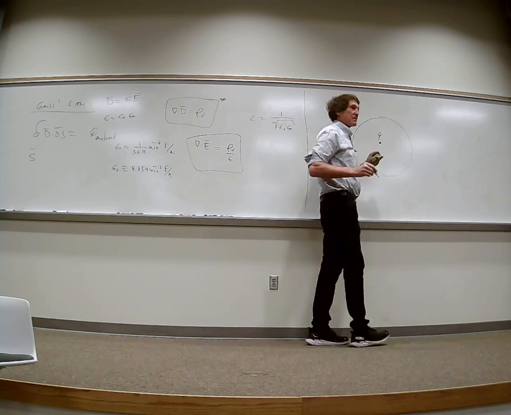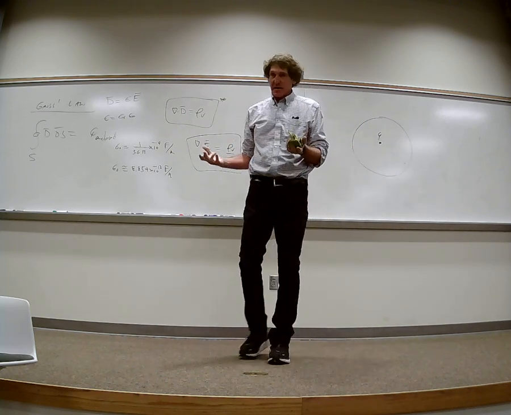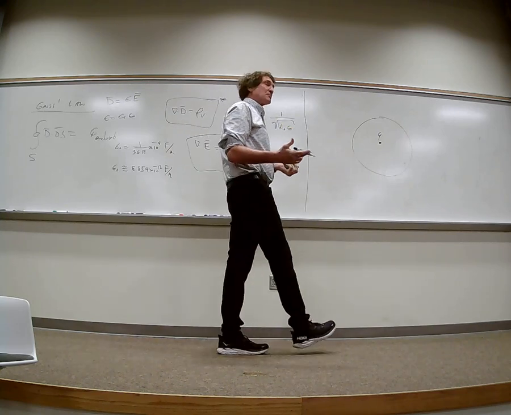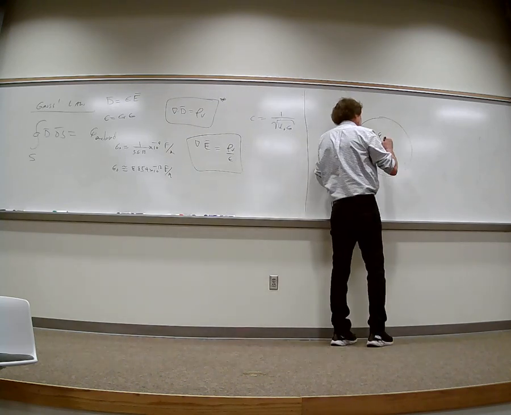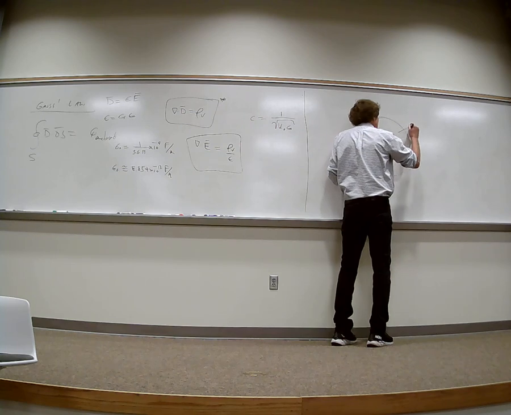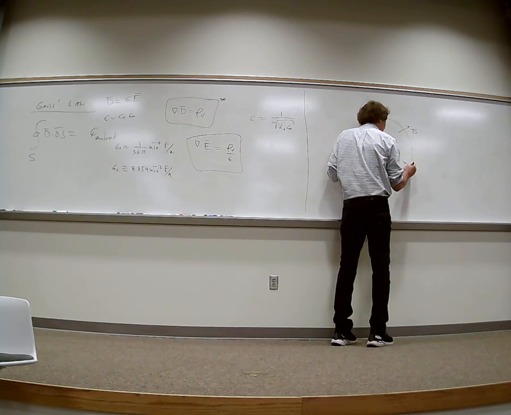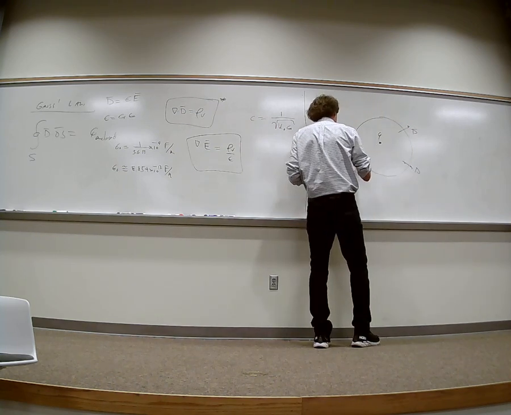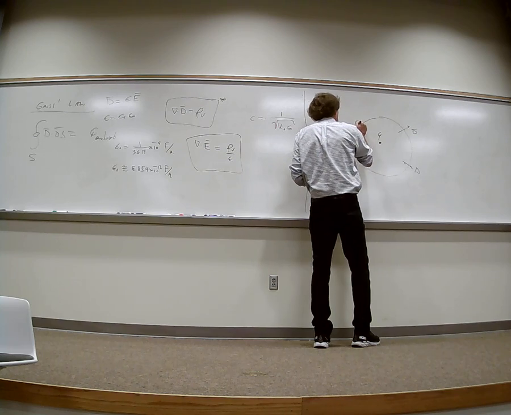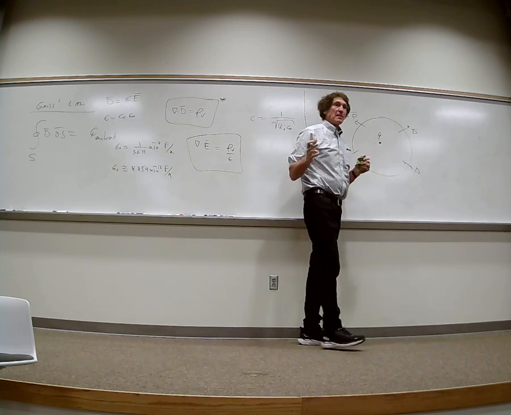Y'all follow me on that? This is important. Y'all see how that's symmetric, I just said. Now I make the assumption, and it's true, that the D field will be radially outward everywhere. So it's going to point outward. Can everybody follow me on that?